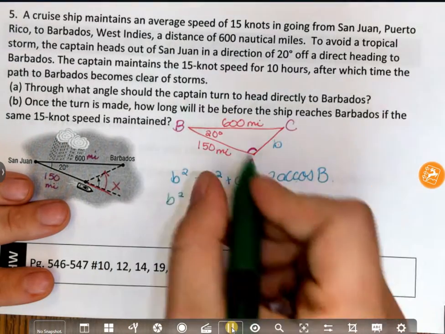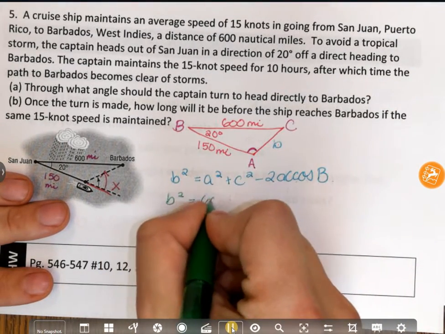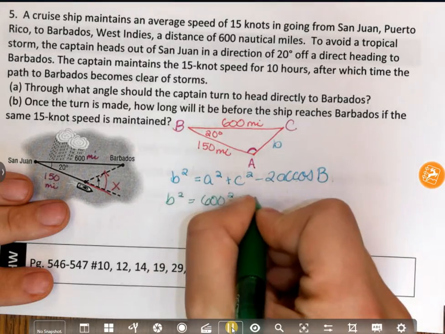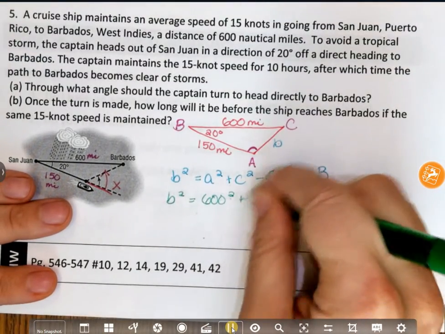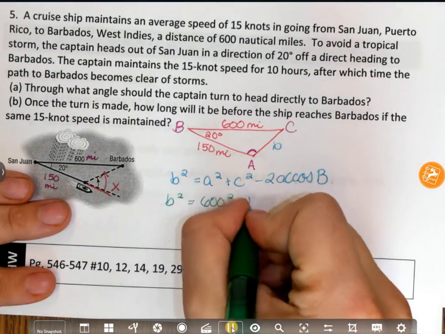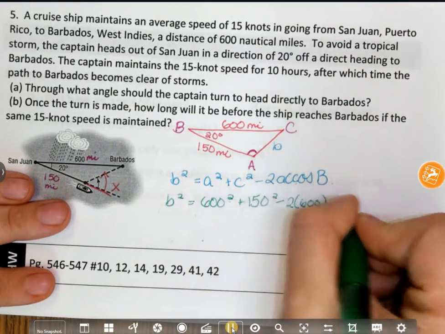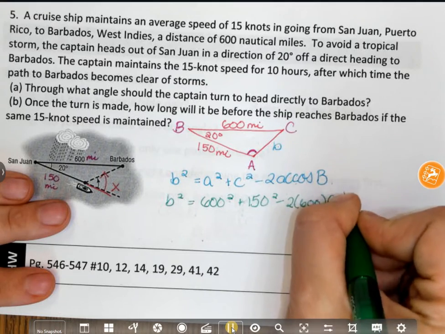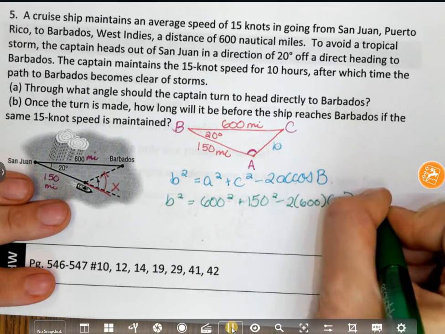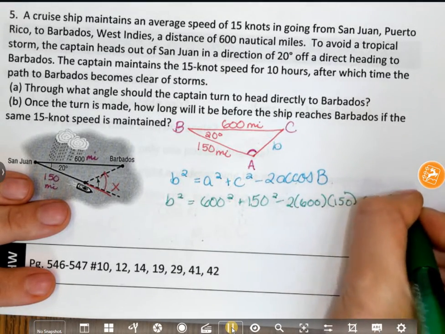B squared will be A squared plus C squared, which I actually have a number for. I don't need a letter. Minus 2 times 600 times 150 cosine of 20.